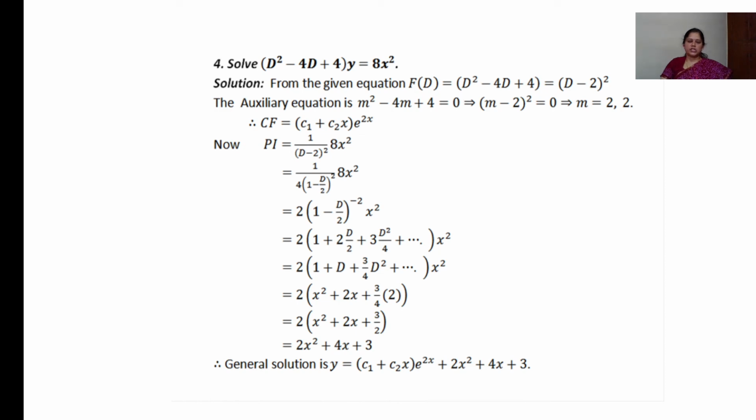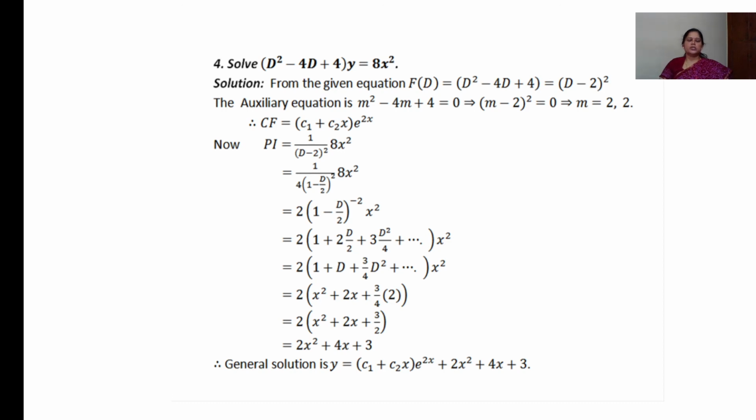Now we are going for particular integral. PI is equal to 1 over D minus 2 whole square into 3x square. So now we have to make 1 minus x form or 1 plus x form. For that reason I am taking minus 2 outside. If you take minus 2 outside, we have whole square here, D minus 2 whole square is there.